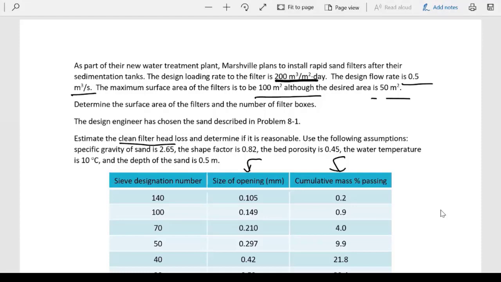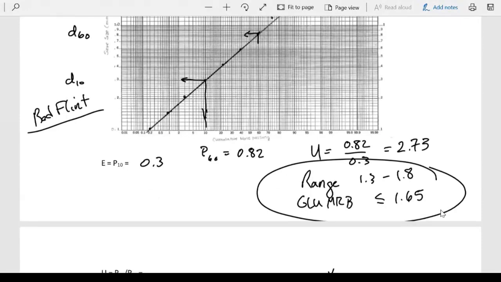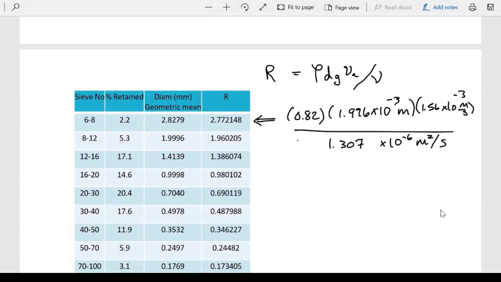The first thing you were asked to do is to estimate the clean filter head loss. We've gone through quite a few calculations. We have calculated the Reynolds number based on the geometric mean diameter of the particles for each size distribution.